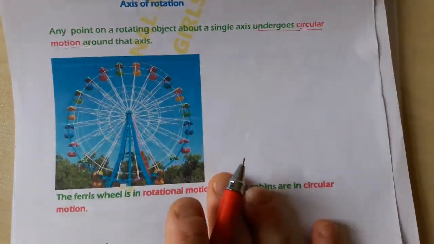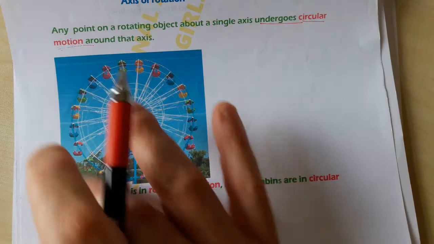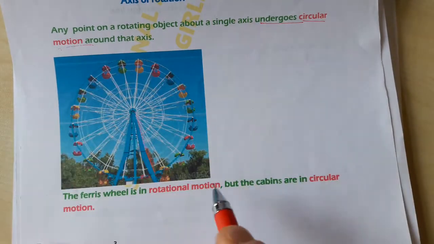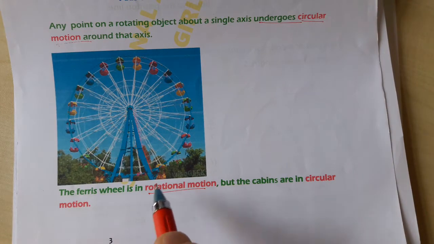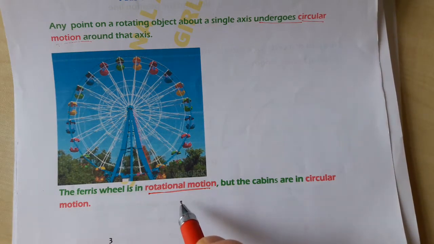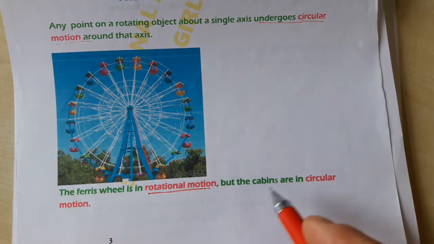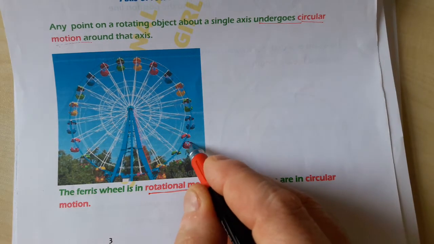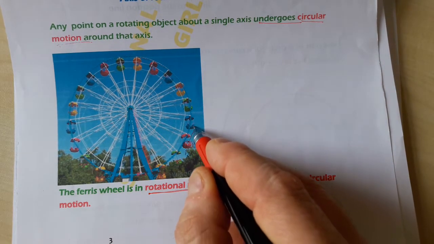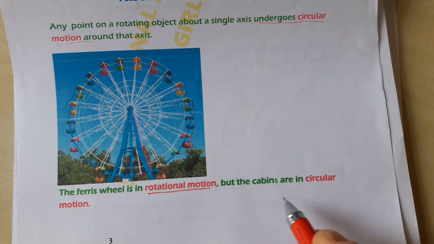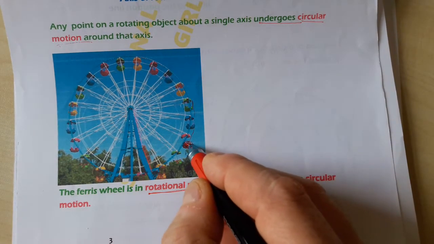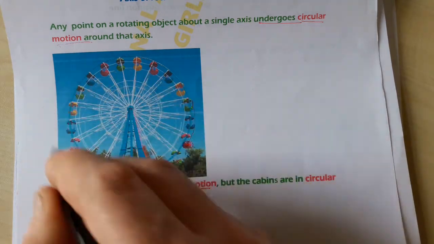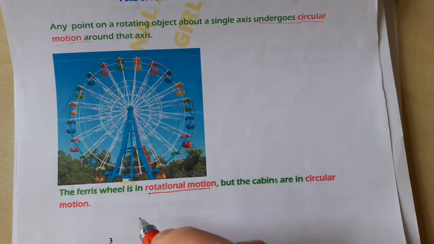For example, the Ferris wheel is a rigid object. This rigid object is in rotational motion. But any point, for example, the cabins right here, these cabins are drawing a circle. For that reason, the cabins are in circular motion, because the cabins are just points on this rigid rotating object.